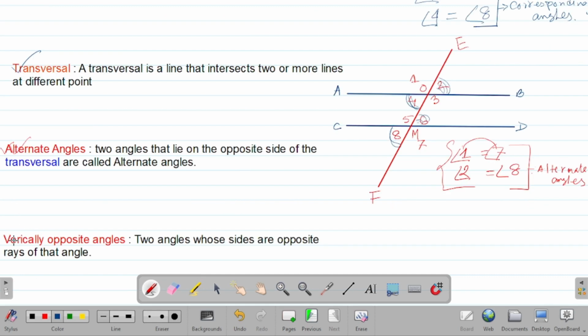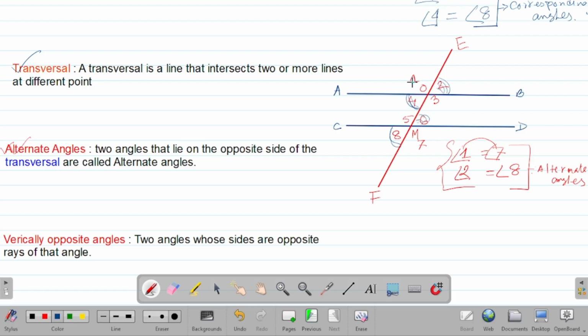Now let's talk about vertically opposite angles. Two angles whose sides are opposite rays are called vertically opposite angles.